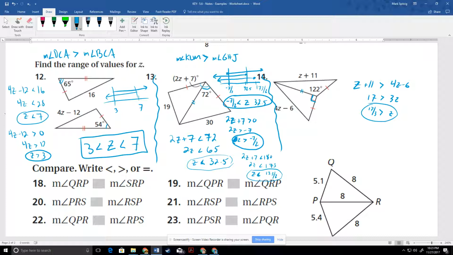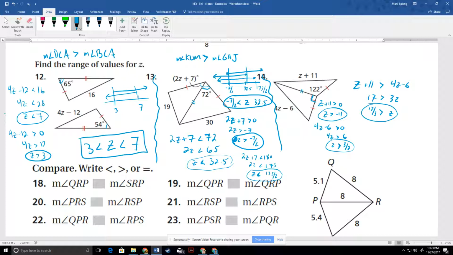All right, and then this isn't it, because we also know that z plus 11 is a length, so that's a side, I should say. So it has to be bigger than 0. So z has to be bigger than -11. But also, we know that 4z minus 6 has to be bigger than 0 as well, because that's also a side. So 4z has to be bigger than 6. So z has to be bigger than 3/2 when you simplify it.